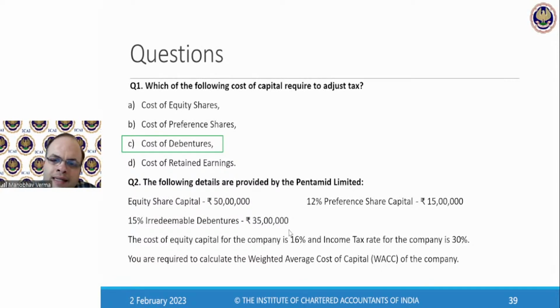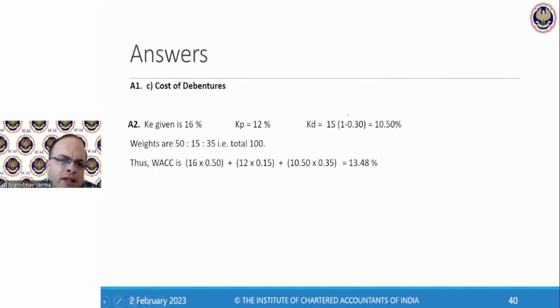Okay, so I think the only thing we need to do is see, the cost of equity is given to you 16%. Income tax rate is given 30%. That will change this cost of debt, right? So cost of debt will be 15 into 1 minus 0.3. So probably 10.5%. And then you have to just apply the weights. You just apply the weights, right? So weights are 50, 35, and 15, 15, and 35. And we just need to multiply and come out to 13.48%.